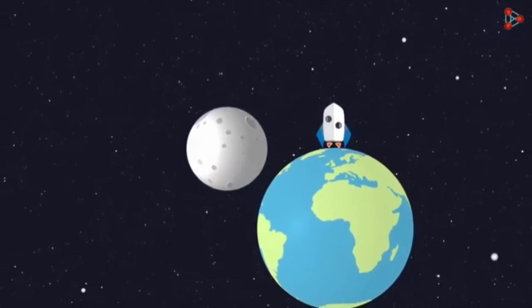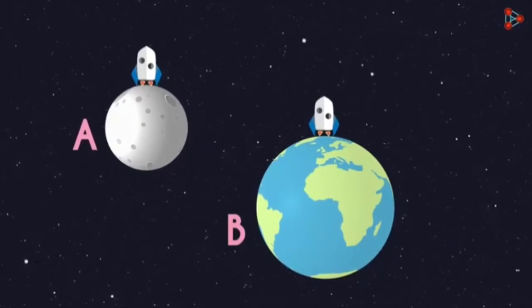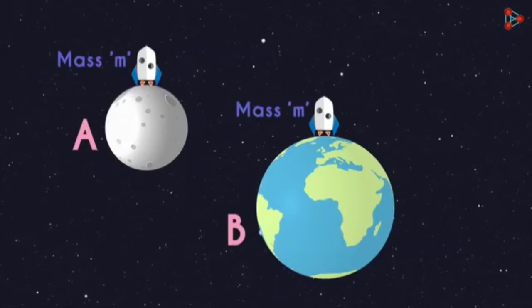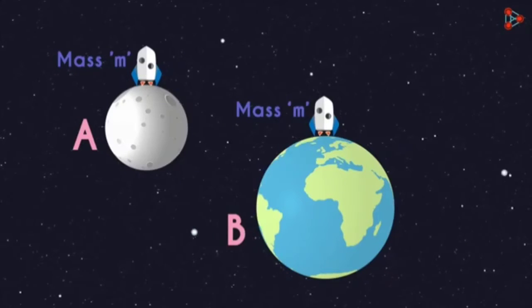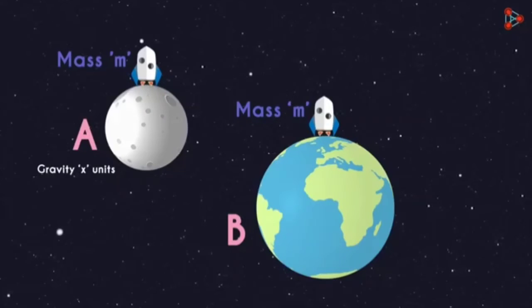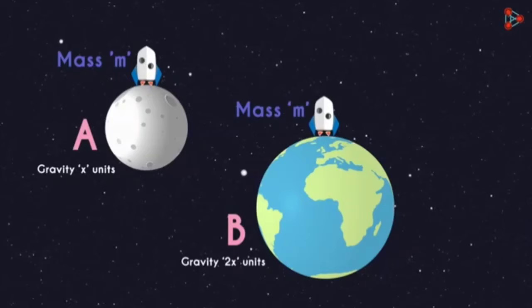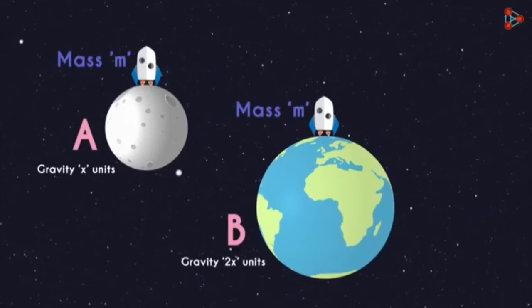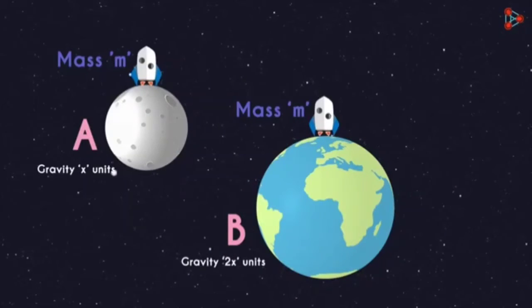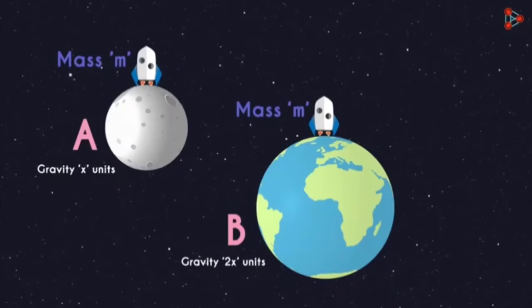For example, say there are two places, place A is the moon and place B is earth, and there is an object of mass m on both. At place A, the pull of gravity is x units, and at place B, the pull of gravity is 2x units. Means the gravity on earth is 2 times greater than the moon's gravity.